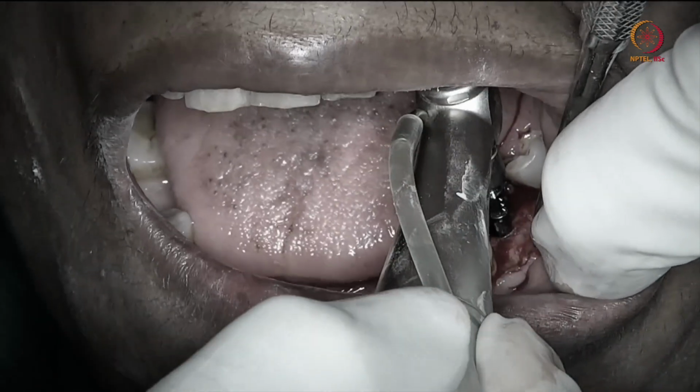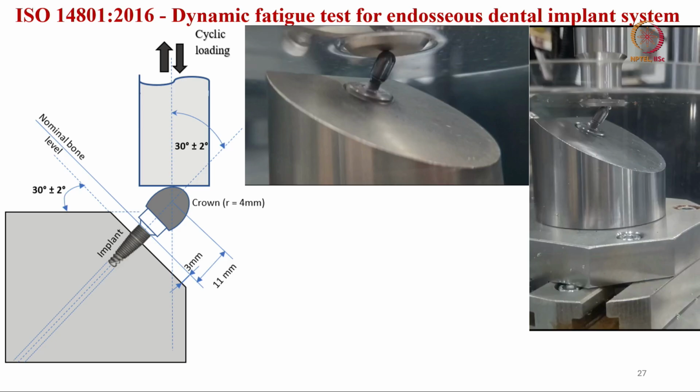Another performance limitation test is the dynamic fatigue test. It has to be done according to the ISO 14801 guidelines of 2016. In this dynamic fatigue test, you can see cyclic loading is being applied, where the implant crown is held at 30 degrees, an angular positioning, and it has to be inserted at the normal bone level, like 3 millimeter.